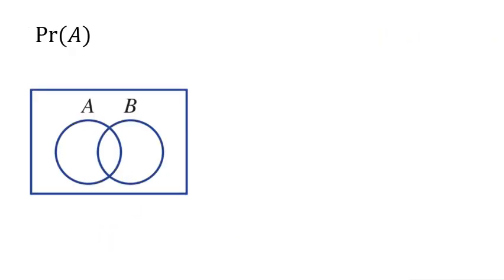If I asked you to find the probability of A, I would be looking in this whole section here. This is like my whole sample space, and the probability of A is this section here.